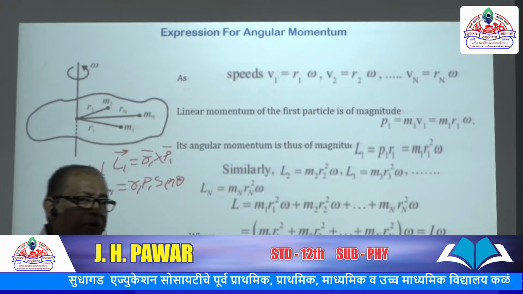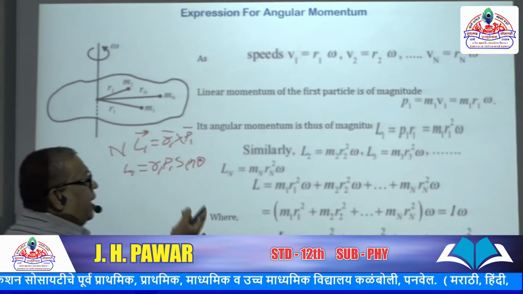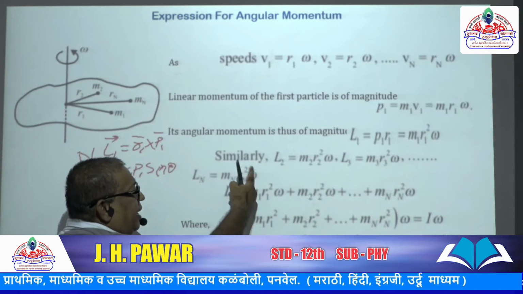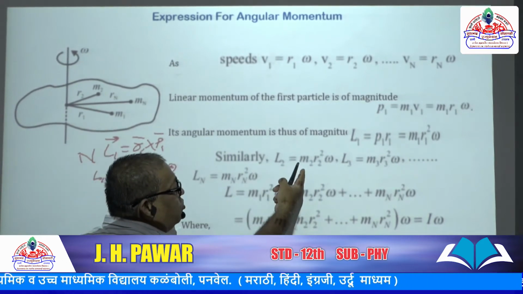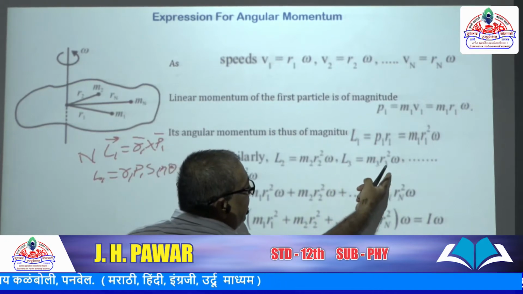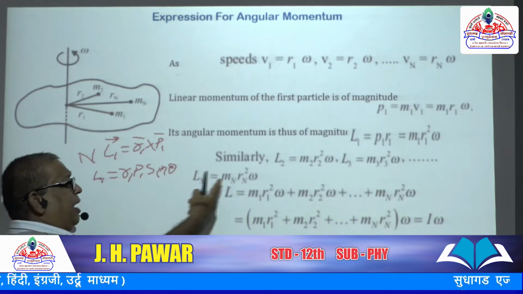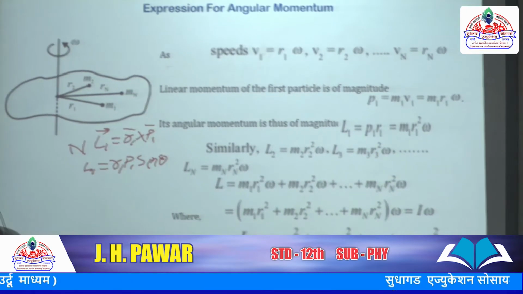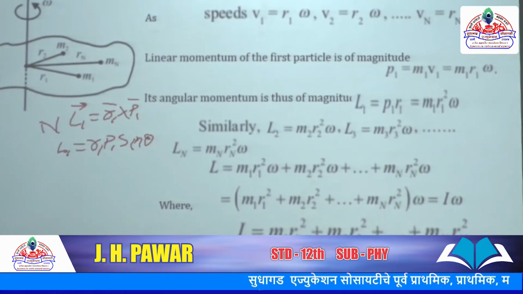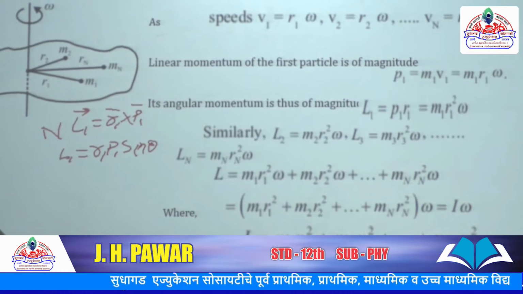Similarly, you can calculate the angular momenta of the other particles of masses m2, m3 up to mn: L2 equals m2 r2 square omega, L3 equals m3 r3 square omega, and up to Ln equals mn rn square omega.